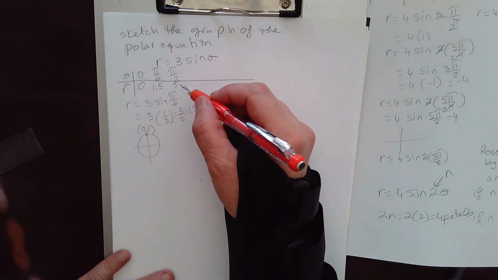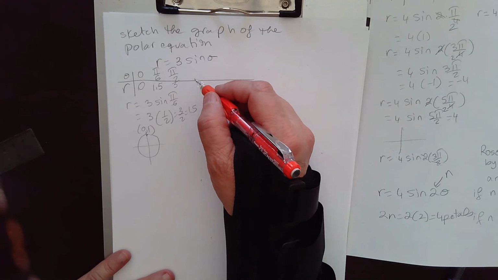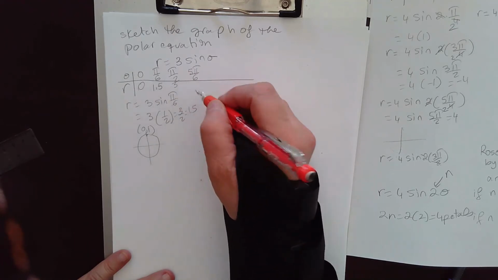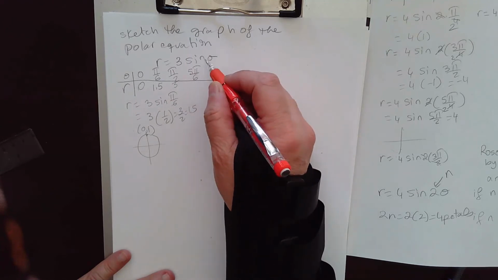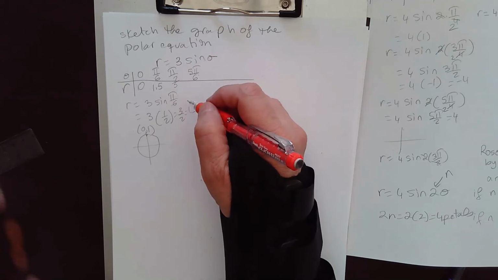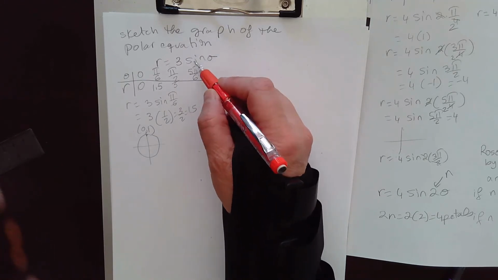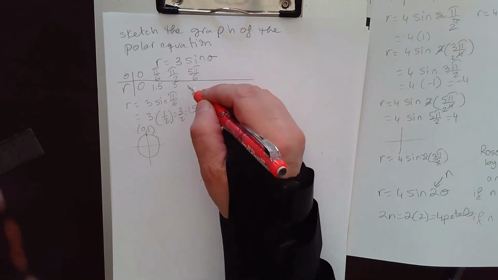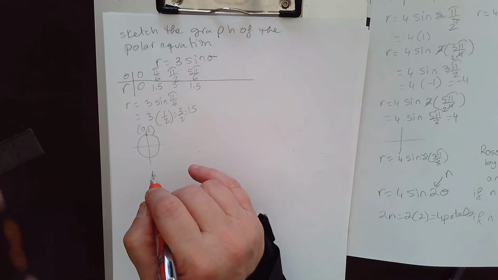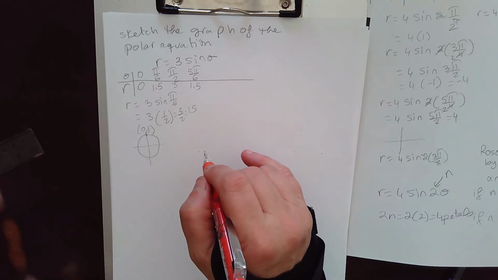Now, pi over 2, what else should we select? We can select 5 pi over 6 as well. As you can see here, 5 pi over 6, the sine is in the second quadrant, is also positive. It's going to have the same value. Sine 5 pi over 6 is the same as sine pi over 6. So this is going to give me 1.5, right? And let's go ahead and select as well pi.